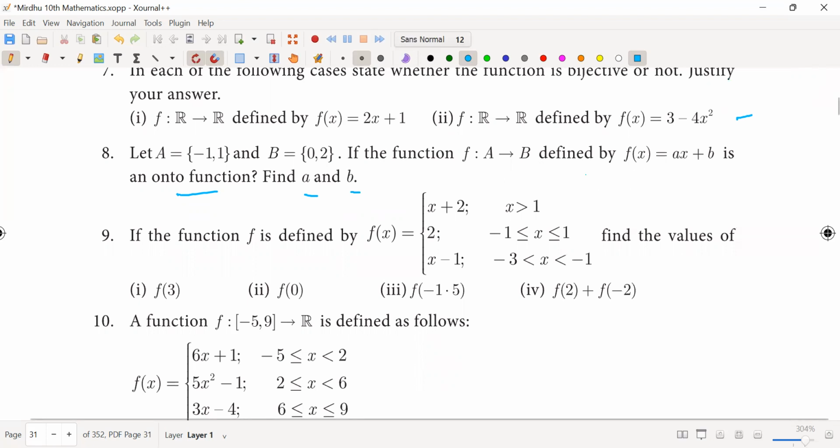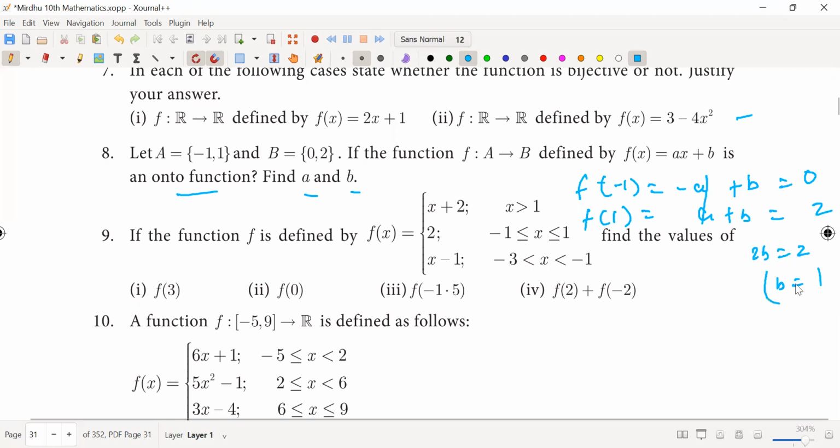Okay? So that's what I'm going to do. When f of minus 1 is 0, it is minus a plus b equal to 0, or f of 1 equal to, when I substitute 1, a plus b equal to 2. So when I add it, this gets cancelled. 2b equal to 2, b equal to 1. 2 by 2, 1. Okay.